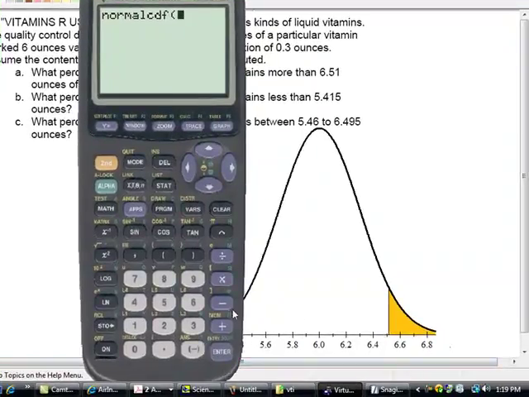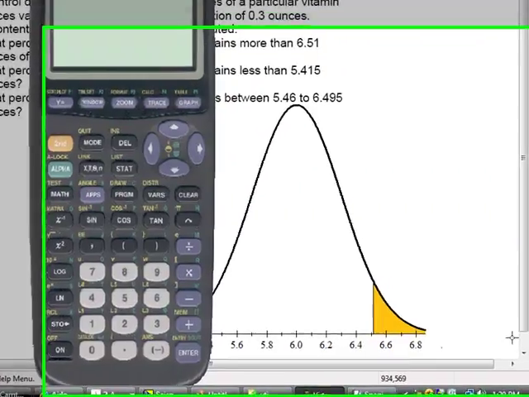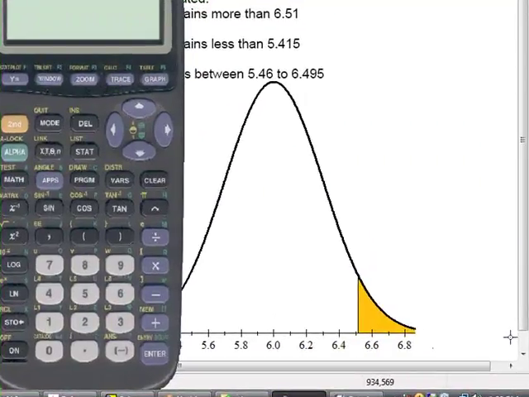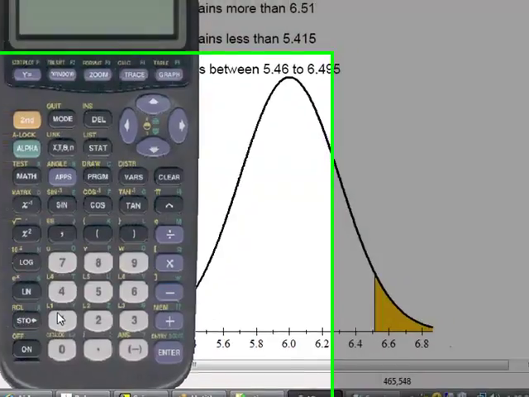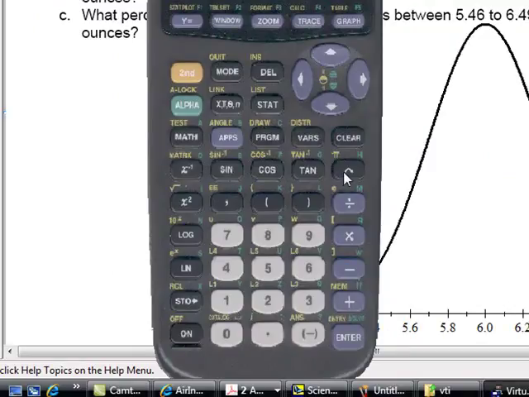What's the first number that goes in there? 6.51. And how high can this number go? Ideally it can go as far as we want. So we'll just put the largest number here, but even if you put 12 or 13, you still get the same answer.